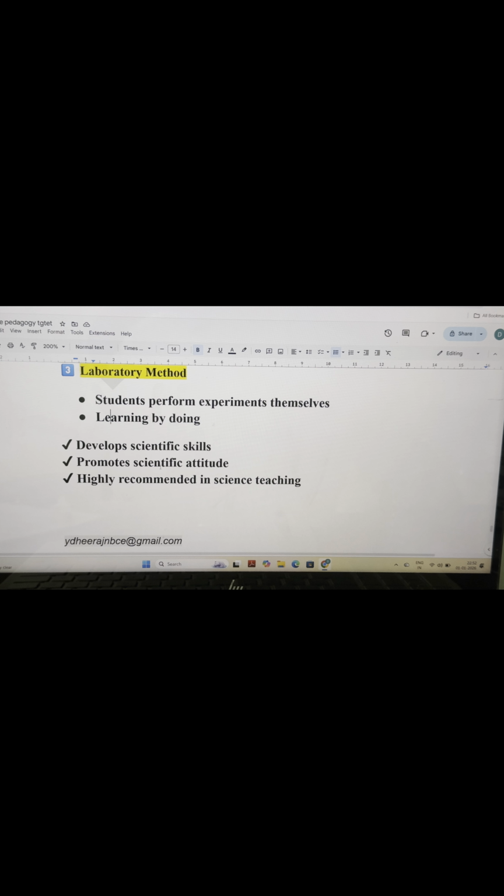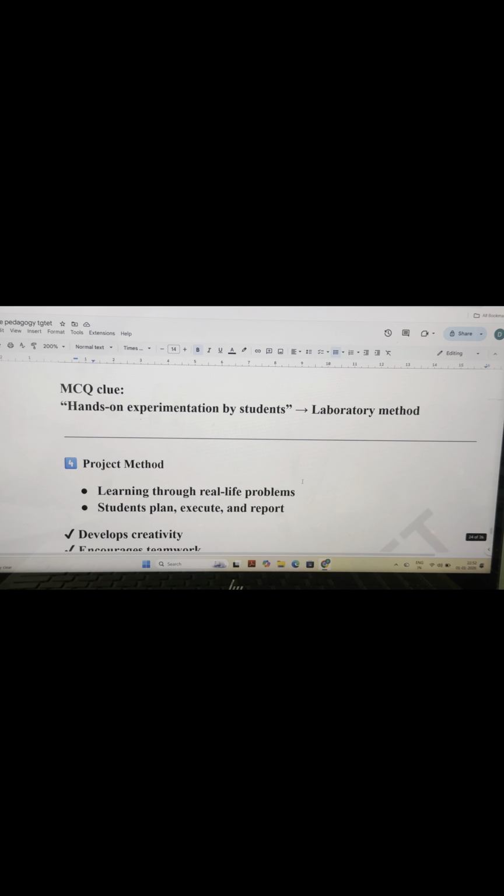Scientific attitude is promoted, and it is highly recommended in science teaching. So when the teacher has to inculcate learning by doing, to inculcate skills and promote scientific attitude, the teacher introduces laboratory method. Hands-on experimentation by students is called laboratory method.